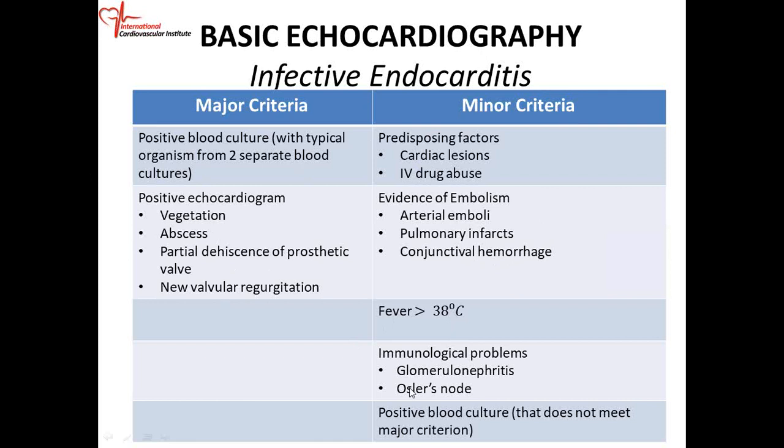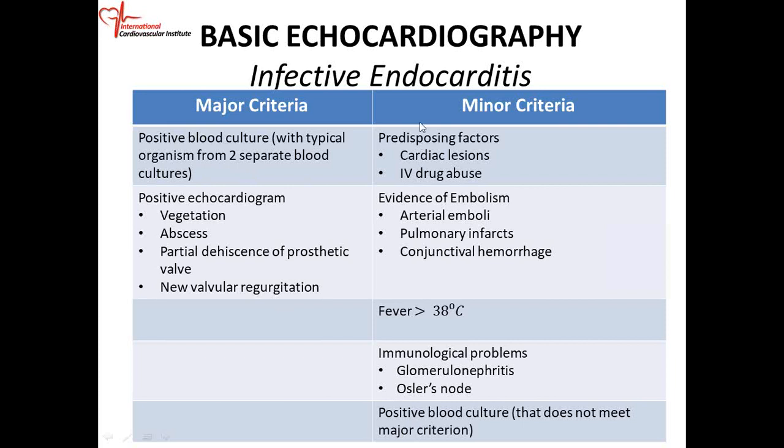And then we're talking about glomerulonephritis, evidence of immunological problems, Osler's node, and then positive blood cultures if it does not meet the strict criteria of the major. With the major criteria, it has to be multiple blood cultures from separate sites. So if you have positive blood cultures, but it doesn't meet the strict major criteria, then that's a minor criteria.